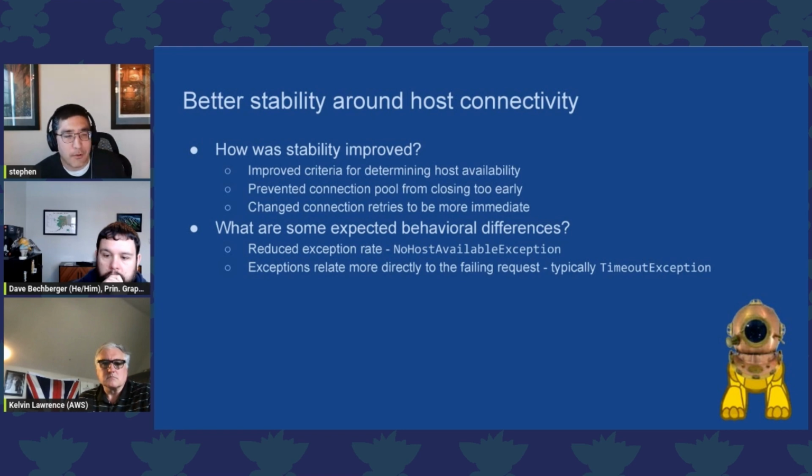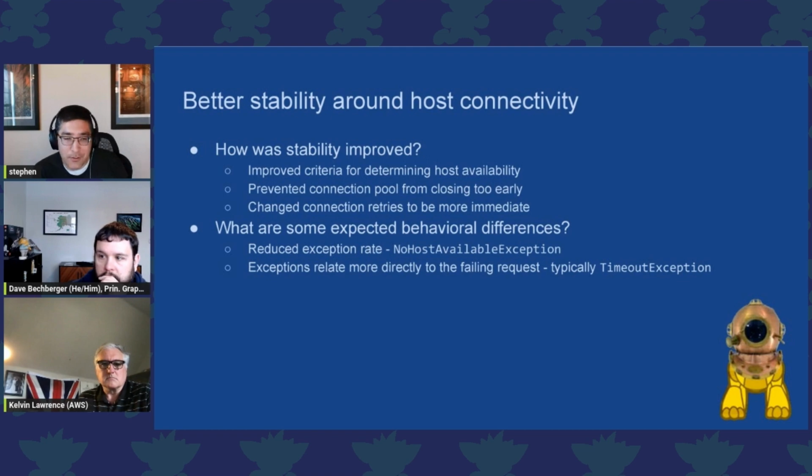We tried to improve the criteria for determining host availability. That was one of the first big steps. What data could we use from the driver itself to determine whether or not that host was really there, or we just had a momentary lapse in the network, or something else, right? So looking at the connection pool and looking at how other connections behaved helped determine that.